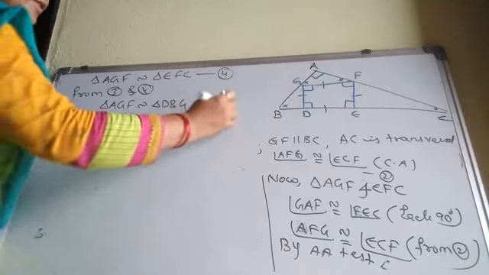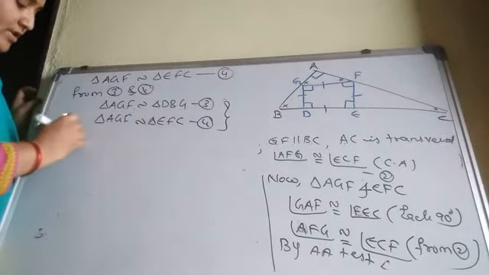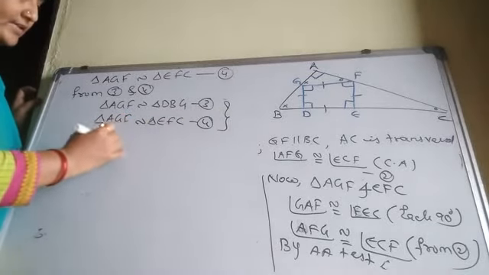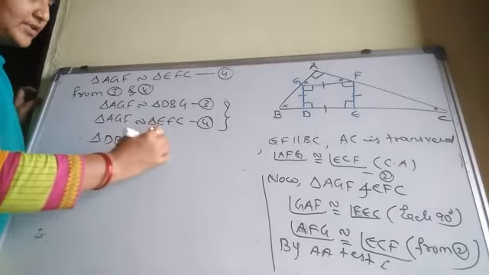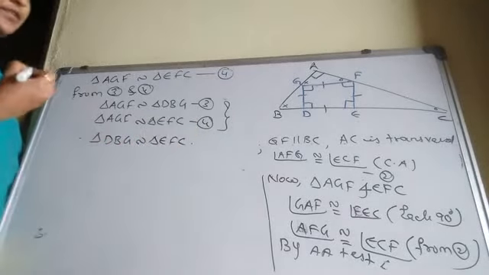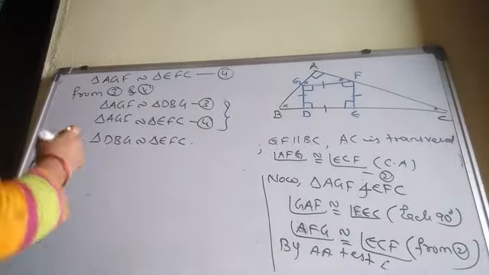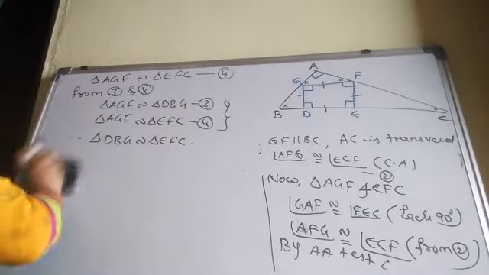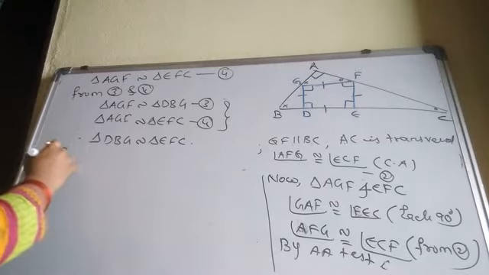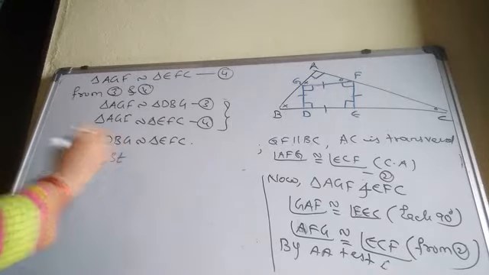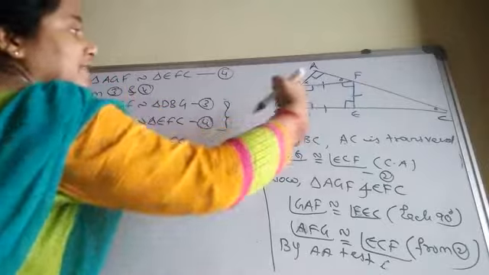From both of these, therefore triangle DBG is similar to triangle EFC. Now, if both triangles are similar, by CSST, corresponding sides are in proportion. I'll draw these two triangles.